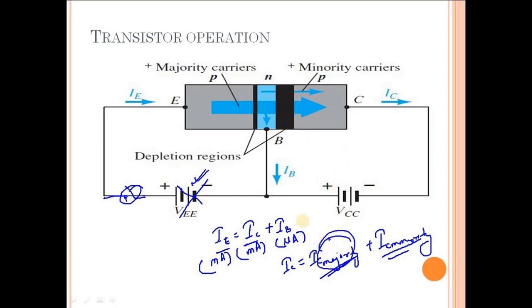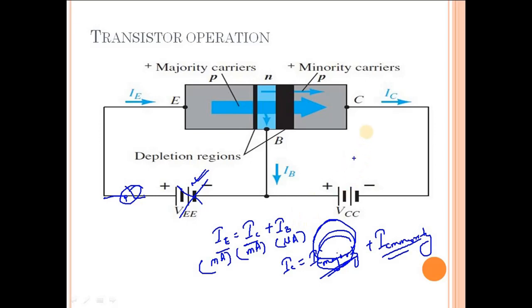So IC majority is solely due to the majority holes which have moved from here to here, and by the reverse bias of this VCC they again move from the N layer to the P layer. That causes the IC majority.